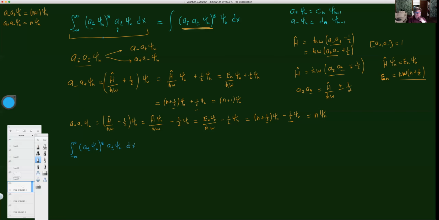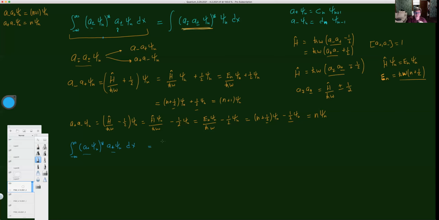Now, I'm actually going to pick a sign first. Notice here I have plus minus and plus minus. I'm just going to pick a sign here and do just that integral with that one sign. So both of these are a plus. So notice up here, a plus acting on psi n, I can replace with cn psi n plus 1. I'm going to do that in both of these places.